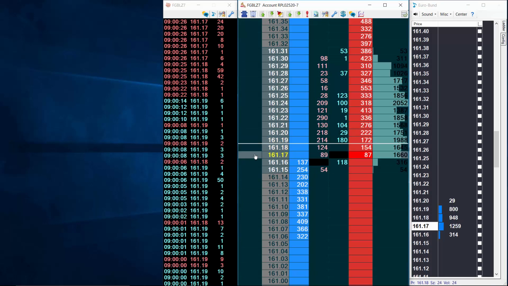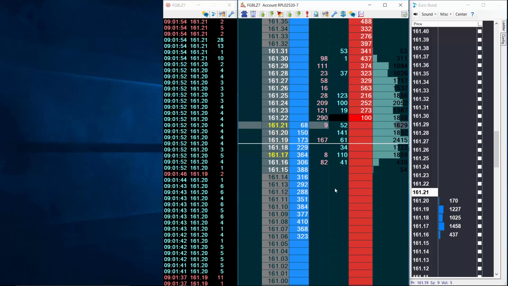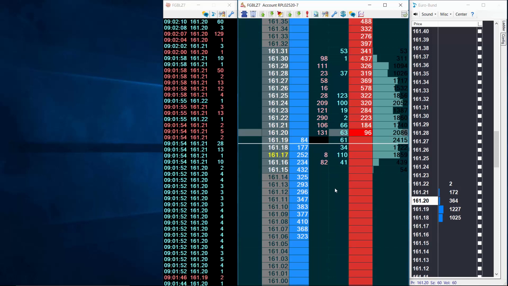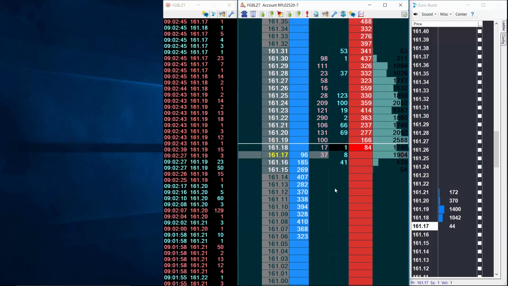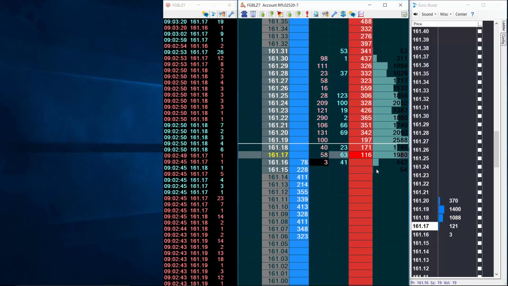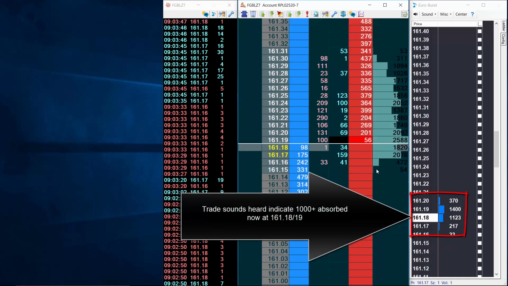We've also enabled volume alerts, so PriceSquawk will commentate the different milestones that are reached in volume at price and smart volume, and that's what you hear when you hear the 1,000 absorbed. That means 1,000 contracts have been absorbed at price using the smart volume accumulation.